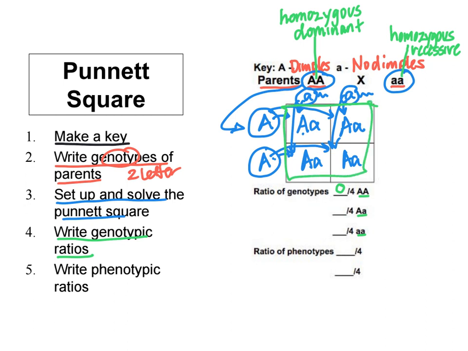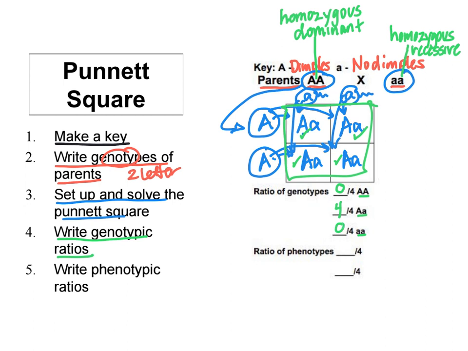None of them have the big A, big A combination. However, big A, little a, I have 1, 2, 3, 4 of these. There are 4 out of 4 big A, little a. And the last possible combination is the little a, little a, the homozygous recessive. And if I look in that square, there are 0 of those.